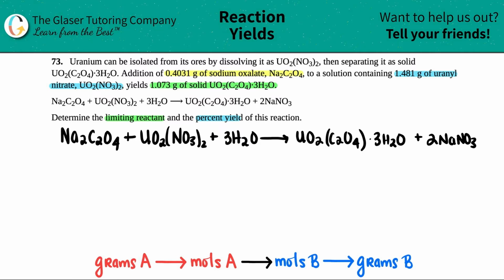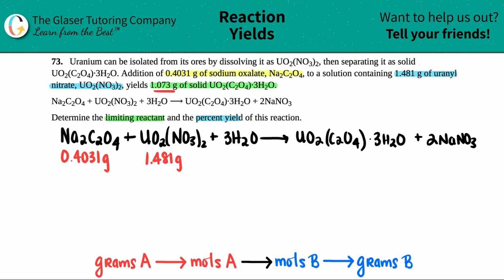Now, let's just write down what they gave us. They told us that if we added together 0.4031 grams of the sodium oxalate, which is this, and we add that to a solution of 1.481 grams of the uranyl nitrate, which is this guy over here, in the lab, it actually yielded 1.073 grams.